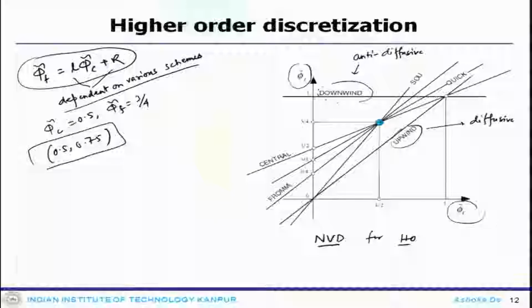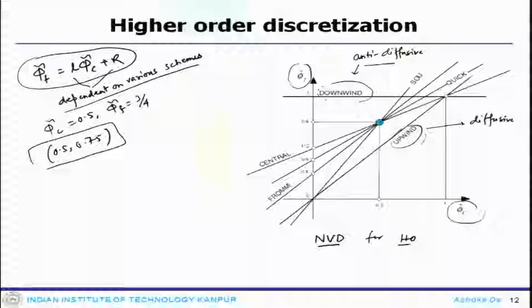Therefore, in NVD, any scheme whose functional relationship is close to the upwind scheme is diffusive, and any scheme close to the downwind scheme can be termed as anti diffusive.